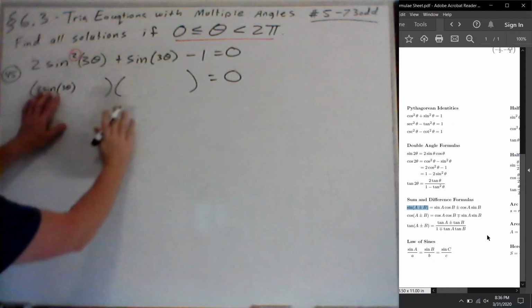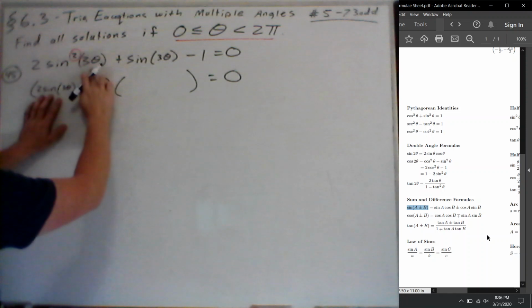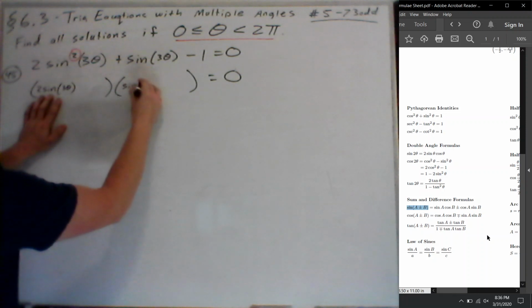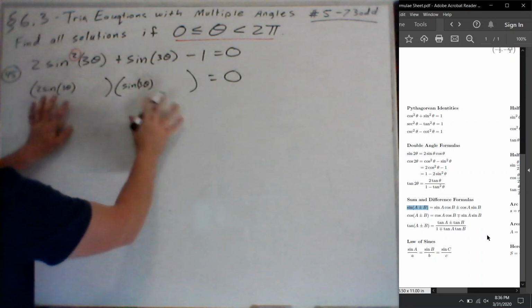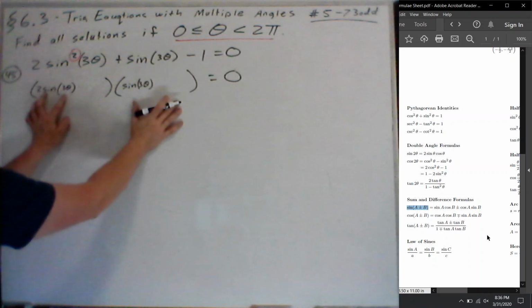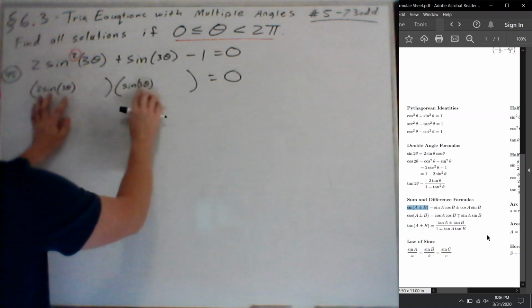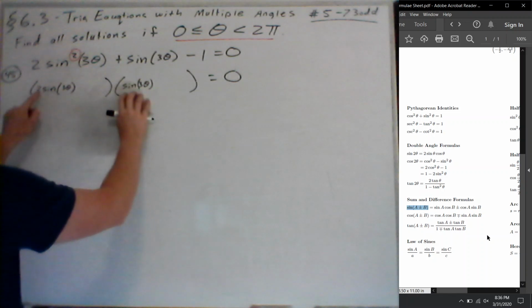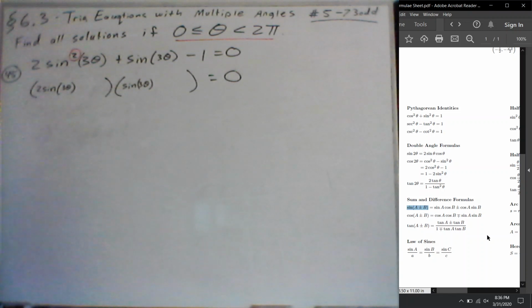Again, you're looking for 2 sine squared of 3 theta. So when I break this down into 2 separate factors, I'm going to do 2 times sine 3 theta times sine 3 theta for the first times the first to get 2 times sine squared 3 theta. So that's how it breaks down.